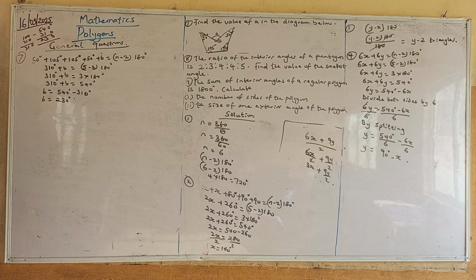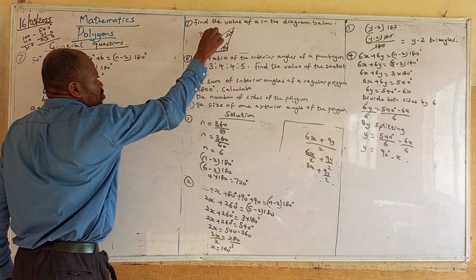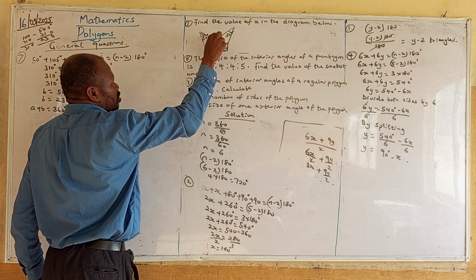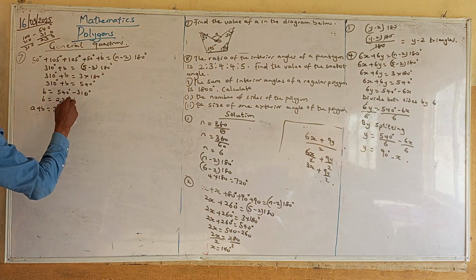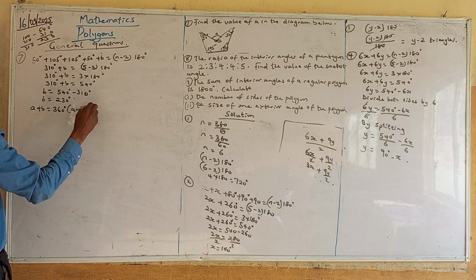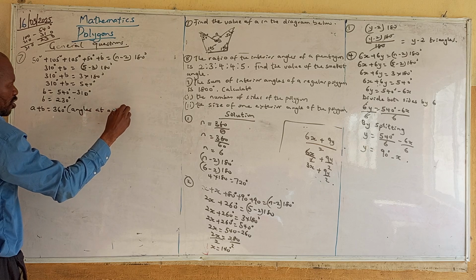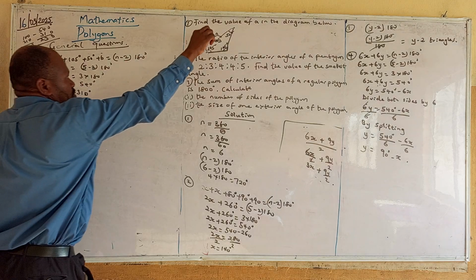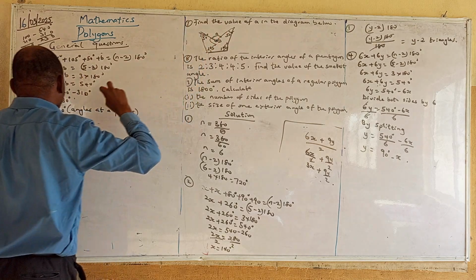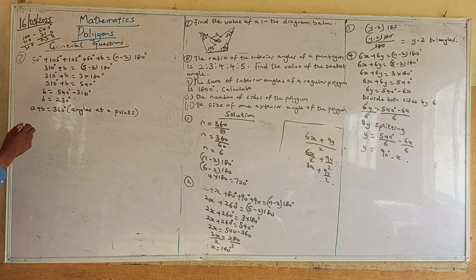Then we are looking for the value of A. I can now say angle A plus angle B equals 360 degrees. The reason is that the sum of angles at a point is 360, forming a complete revolution here.